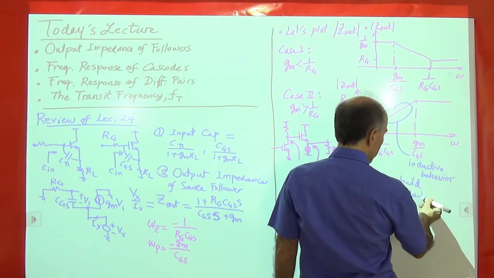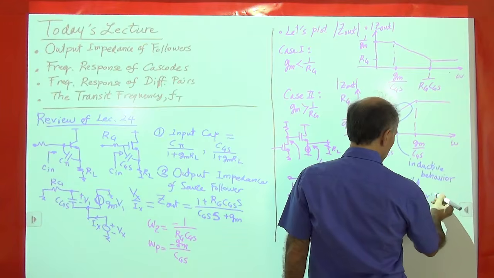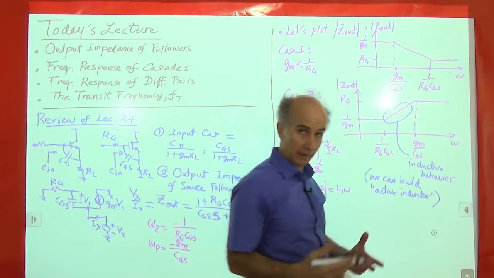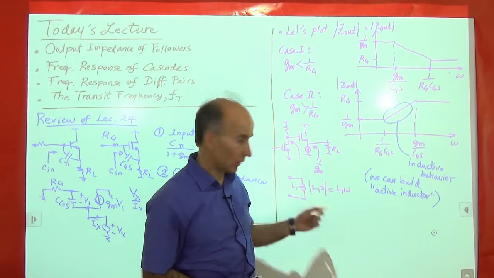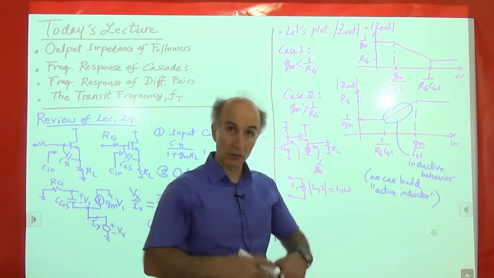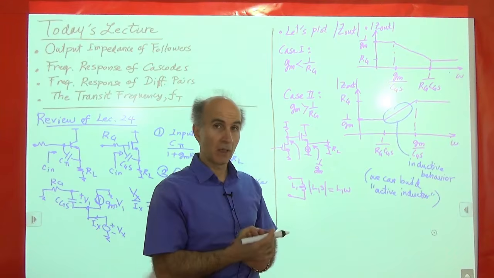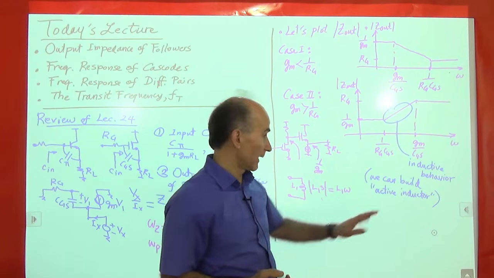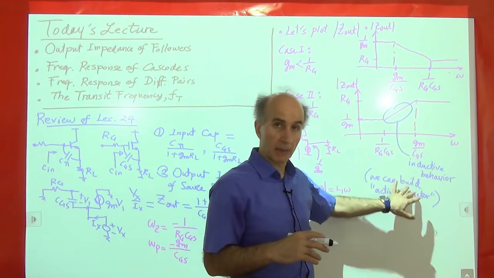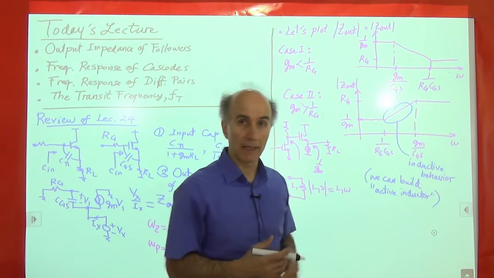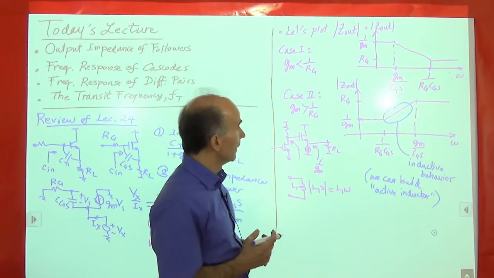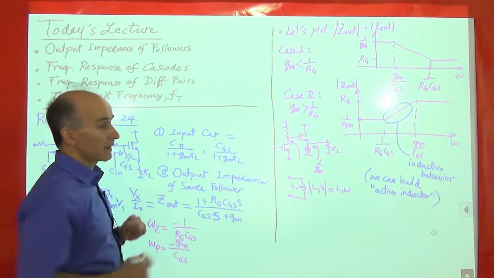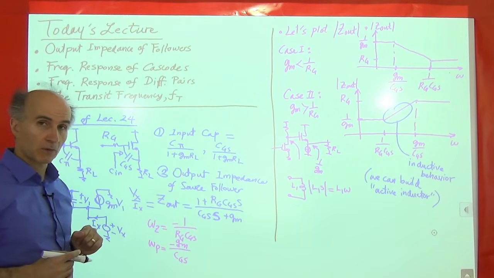An active inductor means a circuit that looks like an inductance, but doesn't use a physical inductor in it. It uses transistors to emulate the behavior of an inductor. That's beyond the scope of this course, but this is sometimes used in advanced analog and high-speed circuits. All right, so that is the study of the output impedance of the source follower.